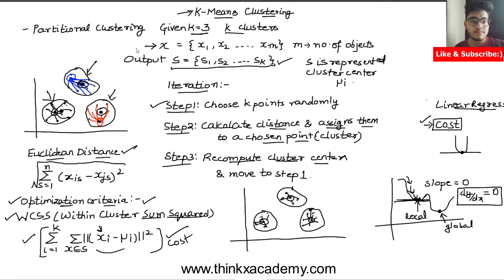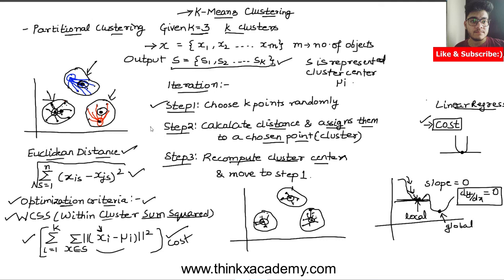I will just give a summary of what we have done, because we have done a lot of things in here. The first step is that we chose the k points randomly. We calculate the Euclidean distance and assign them to the chosen point, and in this manner we obtain particular clusters. Now we move to the optimization criteria, which is the sum squared within cluster, and we calculate this distance with respect to each cluster, and then we add them up.